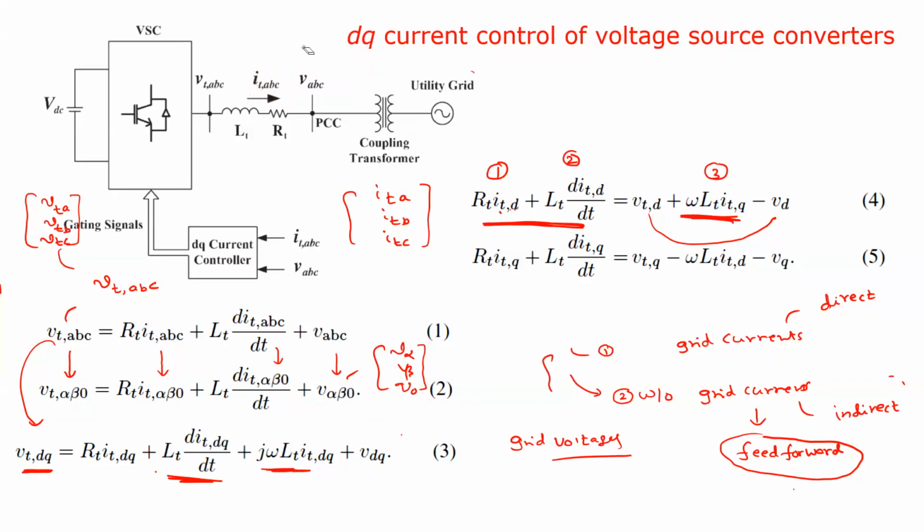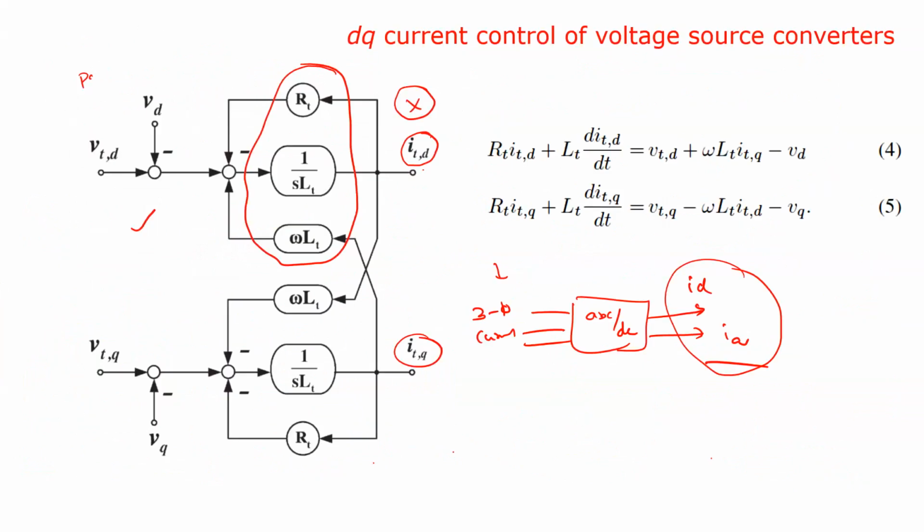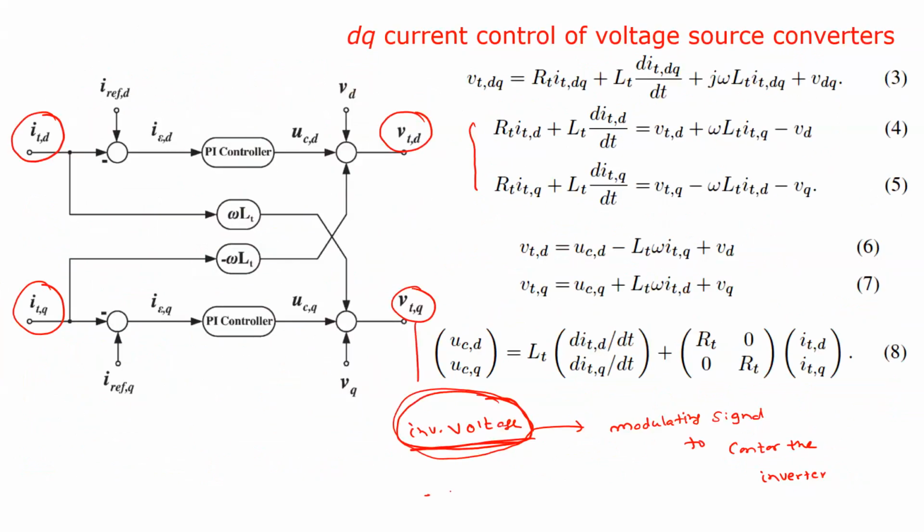Right. So come to here. How exactly are these modulating signals obtained? You know the reference value, so this is ITD. Come here first. Once you know these values, there are some standard equations, if you remember.